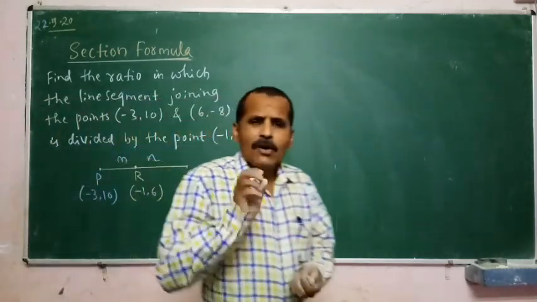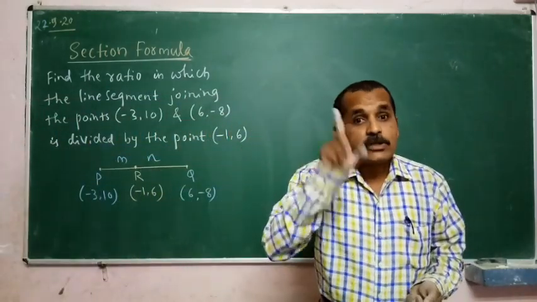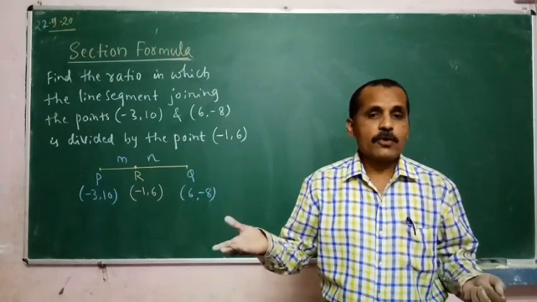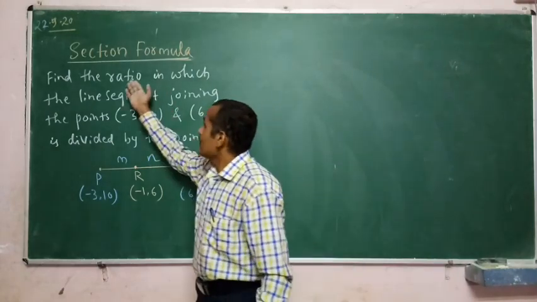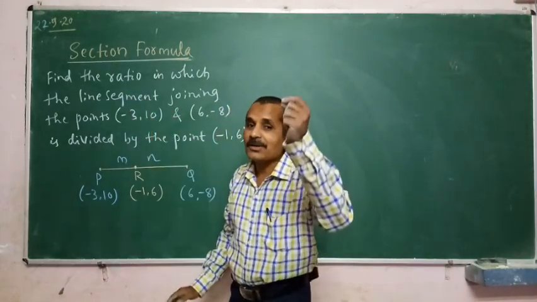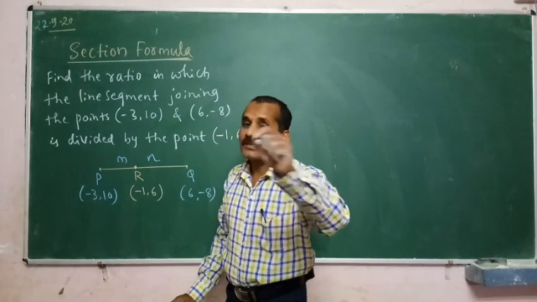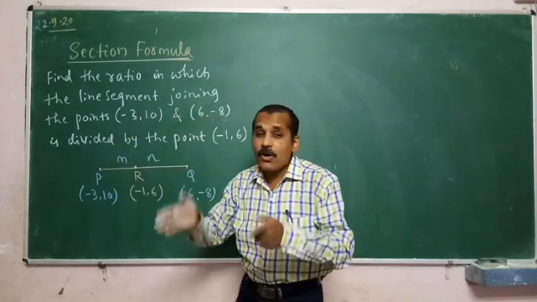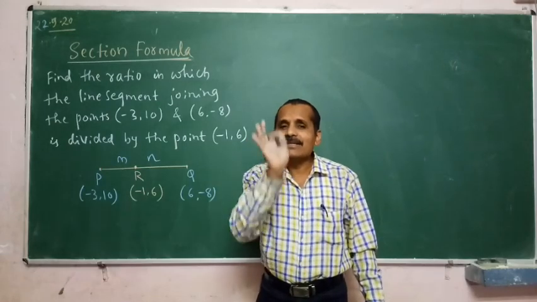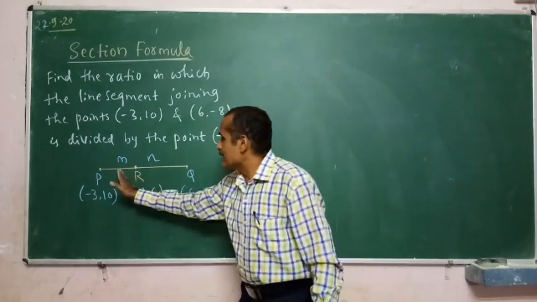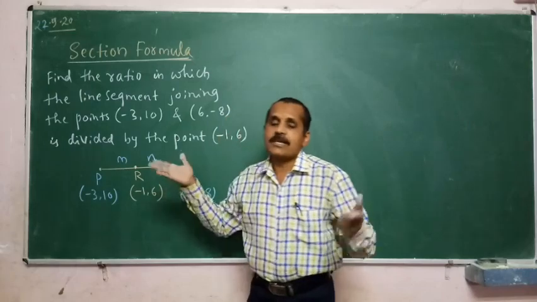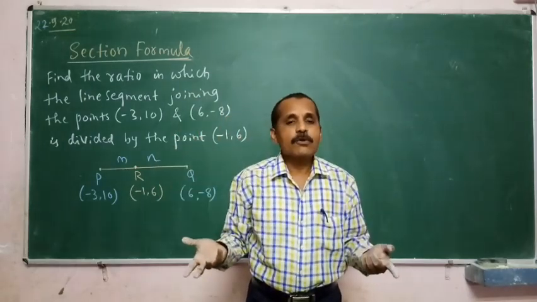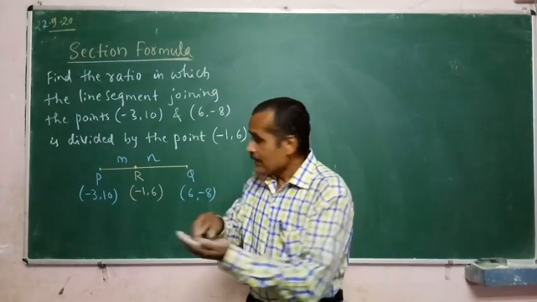By this time you might have understood the difference between the distance formula and the section formula. The word ratio comes only in the section formula, not in the distance formula. Words like divided by, or the line segment divides the point, will come only in the section formula. When the line segment is directly there, it is the distance formula. Very simple to understand.